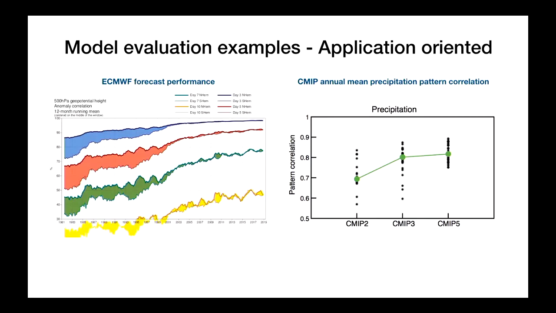So this is the evolution of the quality of the medium range forecasts of ECMWF. Over the northern hemisphere is the thick line, southern hemisphere is the thin line. The blue is day, let me get this right, day 3, day 5, day 7, and day 10 in advance, all right?